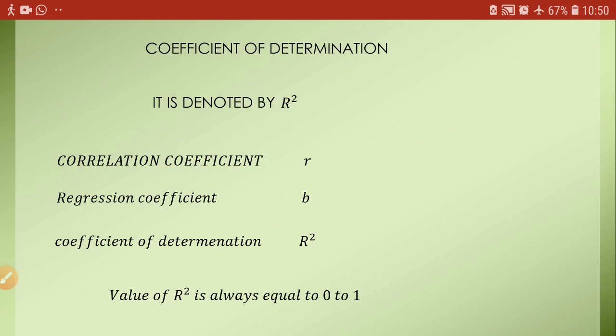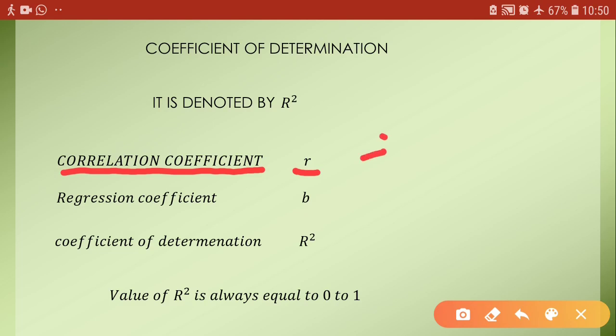If you see a correlation coefficient in the question, you should learn that coefficient of correlation is r, which we have done in chapter number 2.